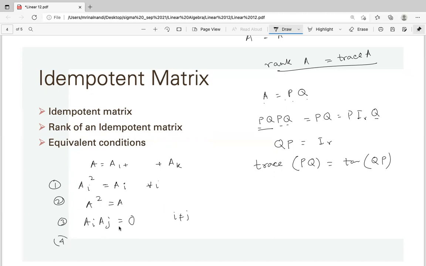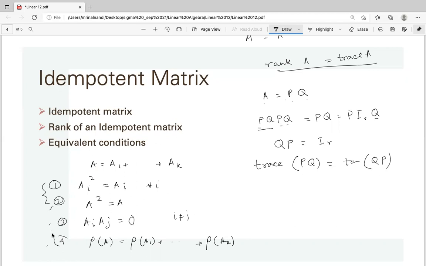It's like orthogonality, something like that, a dot product. And 4: the rank of A is the sum of the ranks. Now you can check that if 1 and 2 both happen, then this implies 3 and 4 also.